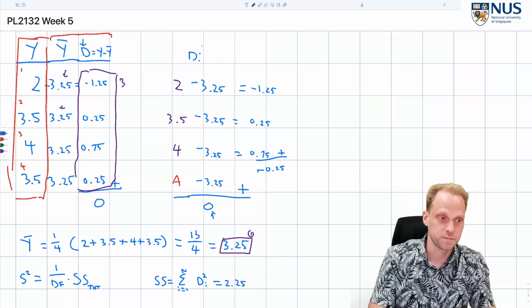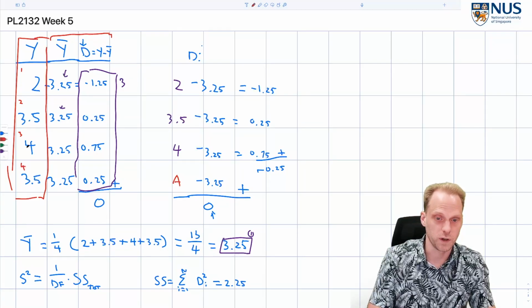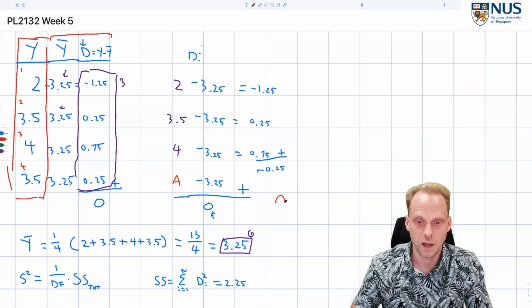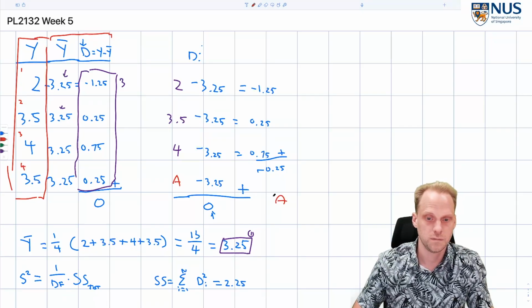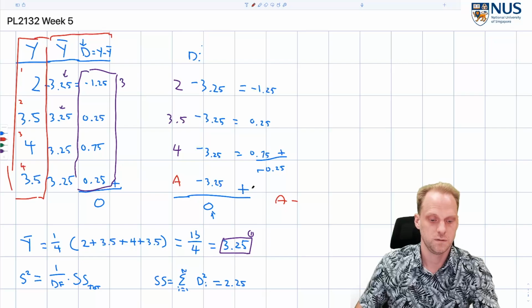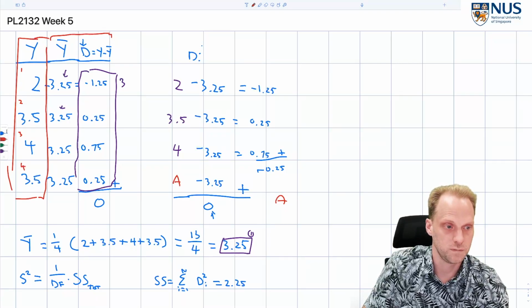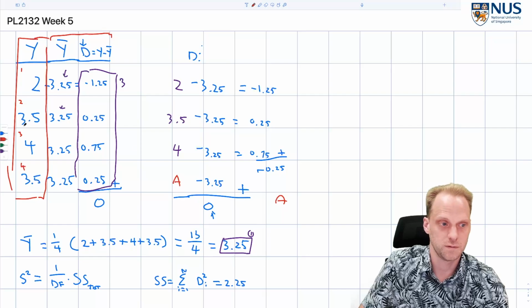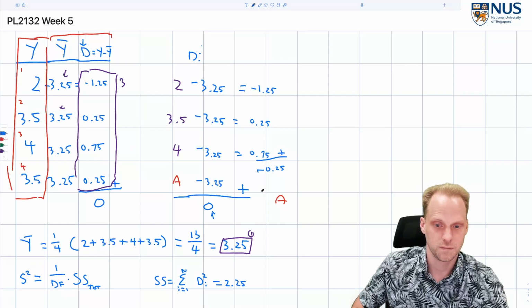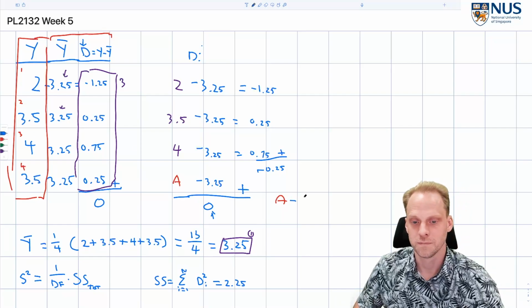So that means that we get an equation: A minus, oh, let's do that in blue, minus 3.25 minus 0.25 equals 0.